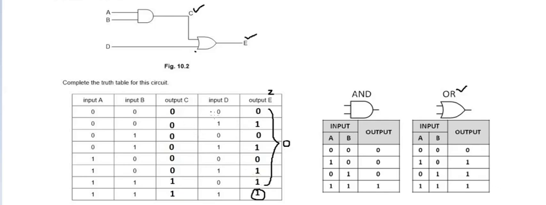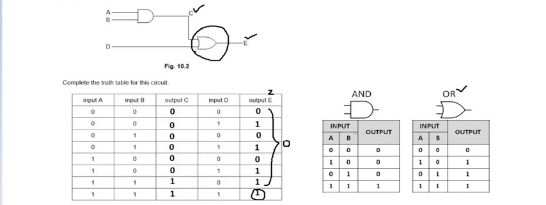If you look at the truth tables of the AND and OR gates, what will happen if I replace this OR gate with the AND gate? All these entries will come out to be 0 and the last one will be 1, because in all these combinations of inputs C and D, one of them is 0, and in the last entry all the inputs are 1.